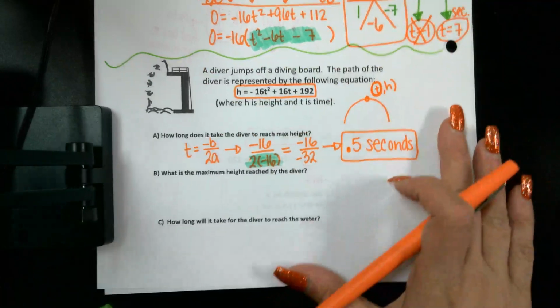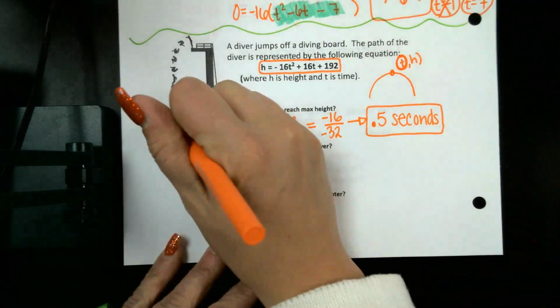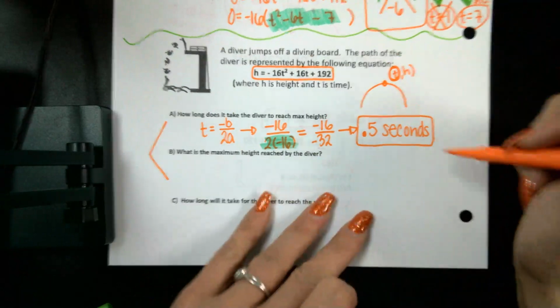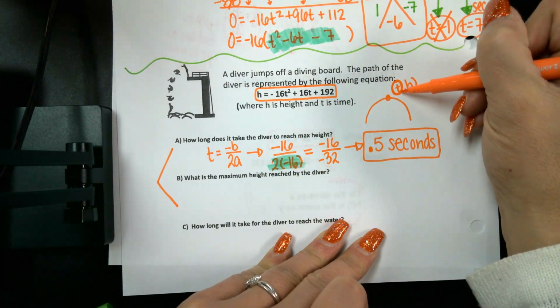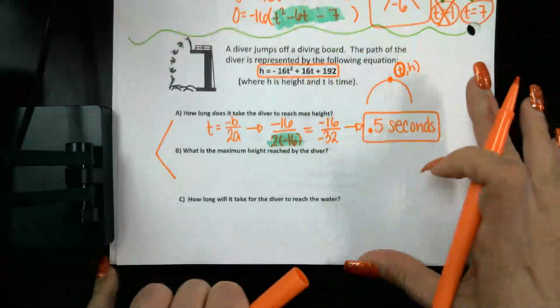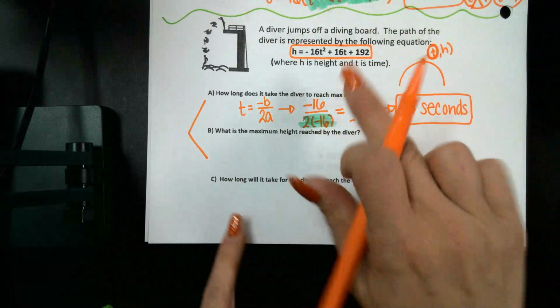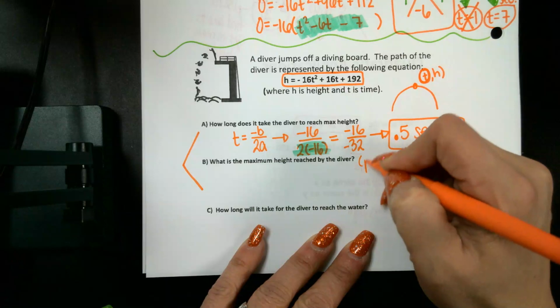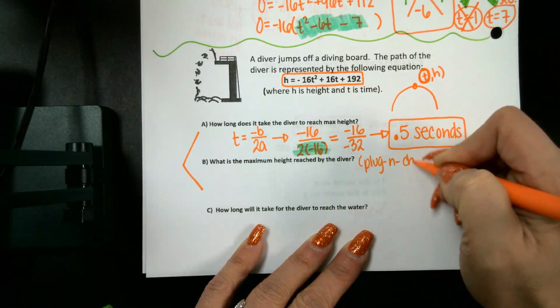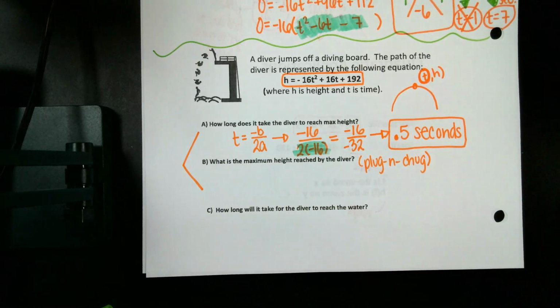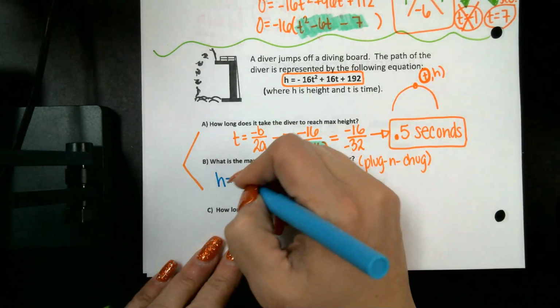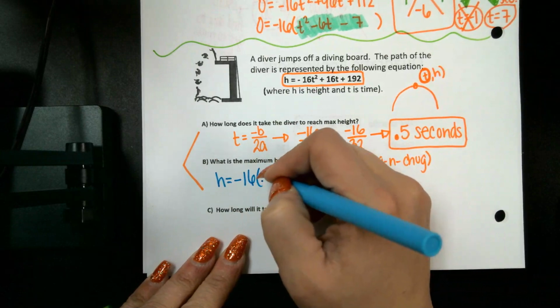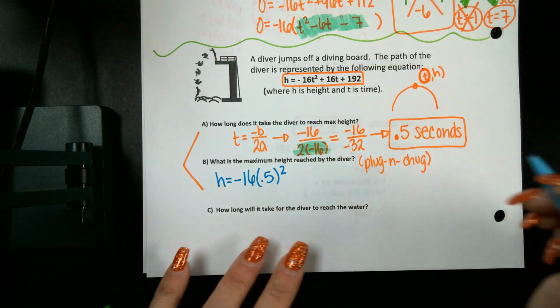Anyway, all right, then these two kind of go hand in hand because now that we know how long it takes to get to the top, how do we find height every single time? How do you find the height if you know the time? You do plug and chug. Yep. We are going to plug in 0.5 everywhere you see the letter T. So H equals -16, and then in parentheses you'd have 0.5 because we're going to square it.